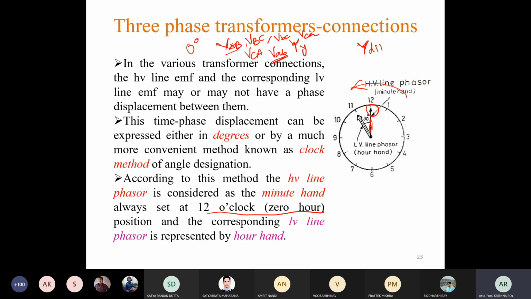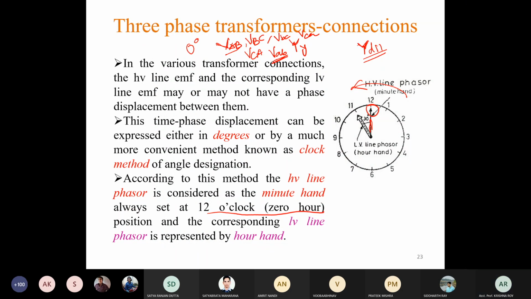From this symbol we understand that the high voltage side winding is star connected, the low voltage side winding is delta connected, and the low voltage line EMF leads the corresponding high voltage line EMF by an angle of 30°. That is the meaning of this symbol.